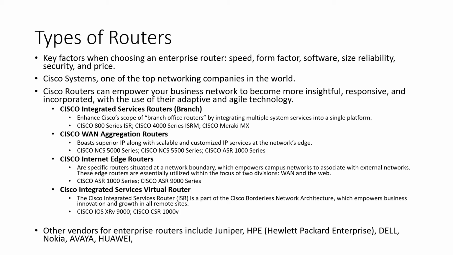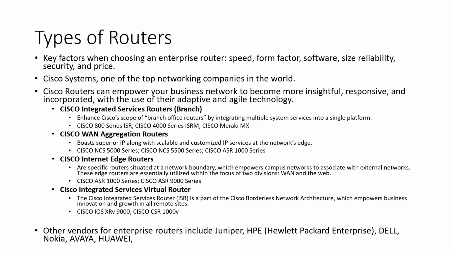These edge routers are essentially utilized with the focus of two divisions, WAN and the web. Cisco Integrated Service Virtual Routers. The Cisco Integrated Services Router (ISR) is a part of the Cisco Borderless Network architecture which empowers business innovation and growth in all remote sites.